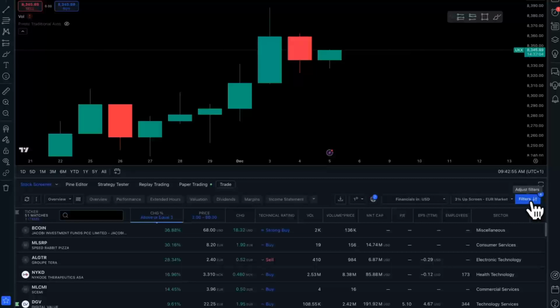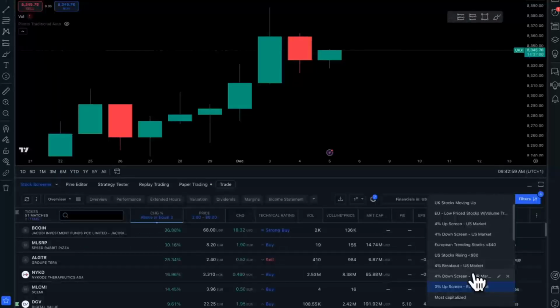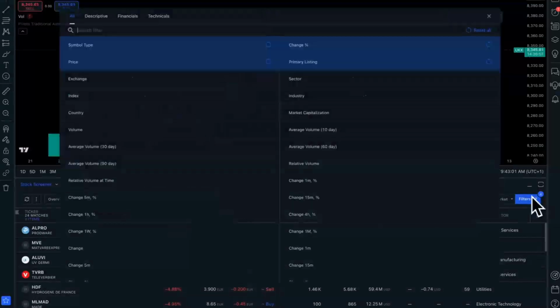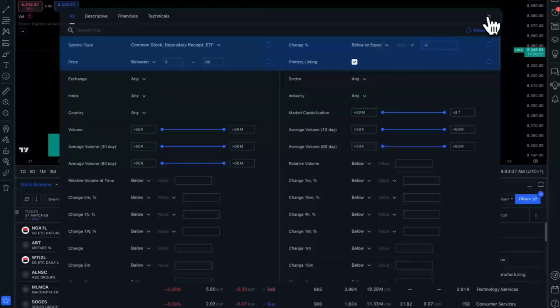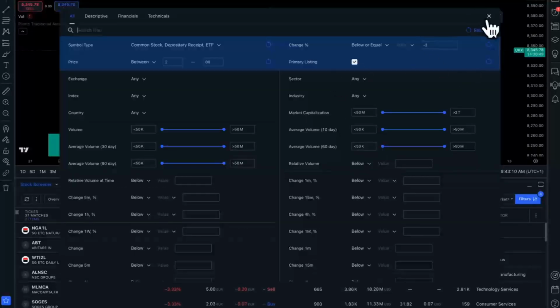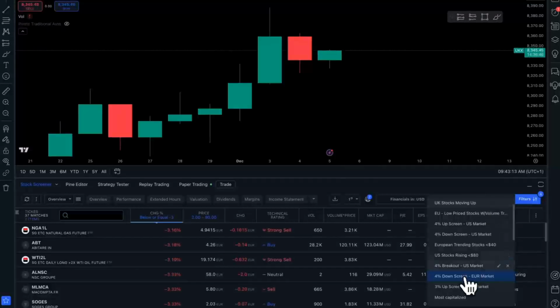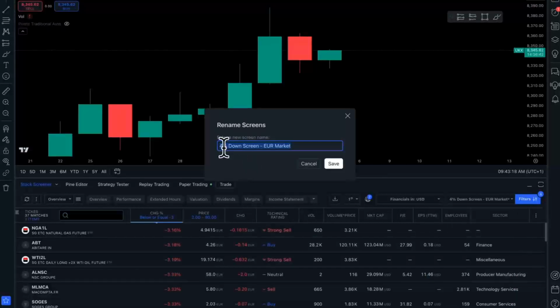Then if we go back to the other filter, we'll put -3, and that gives us 37. So we'll save that as the 3% down screen for the EUR market.